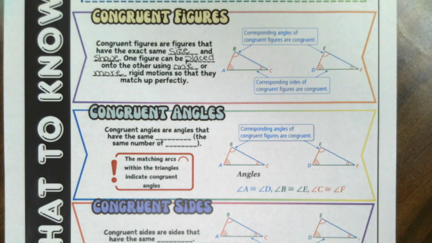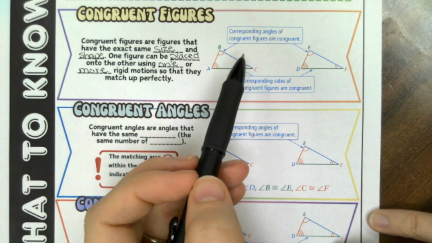Again, that's really what we've been working on with translations and rotations and reflections. We would be able to make one or more different rigid motions to be able to place those directly back on top of each other. So this is kind of something that you want to look at here.